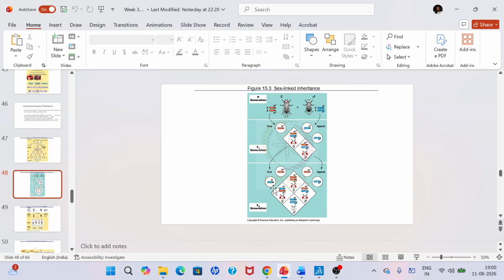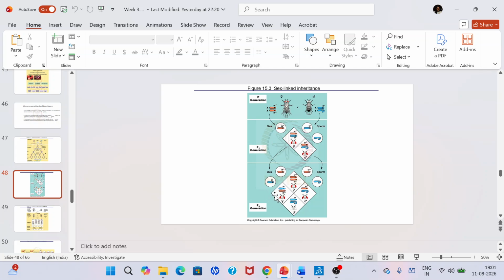While in case of females, we got a combination of homozygous dominant red eye and heterozygous red eye females. Okay, because the X coming from the father also had the red eye character, and from the mother it has two combinations, either red eye or white eye. But again, as I was telling you, females have two X chromosomes and this is an X linked character, so it got compensated there.